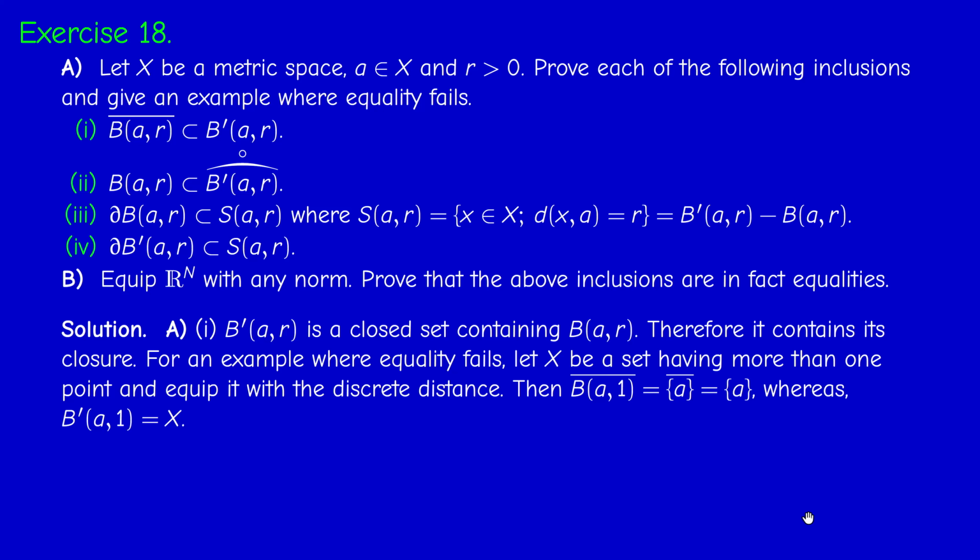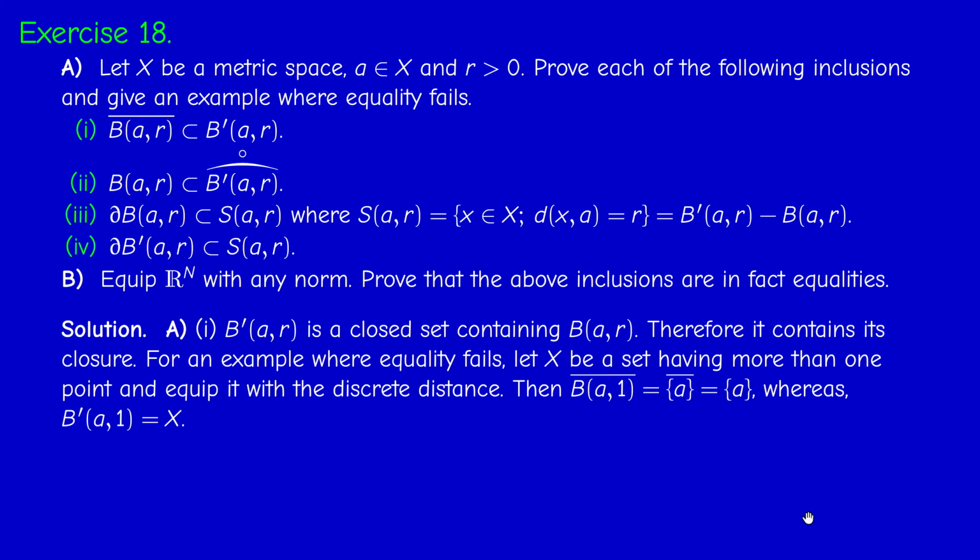And so the closure of this open ball is the closure of the singleton A. But we know that in any metric space, singletons are closed. And therefore, the closure of A is A. So the closure of the open ball is just the center, whereas the corresponding closed ball of center A and radius 1 is the whole space. We proved that in the lectures.